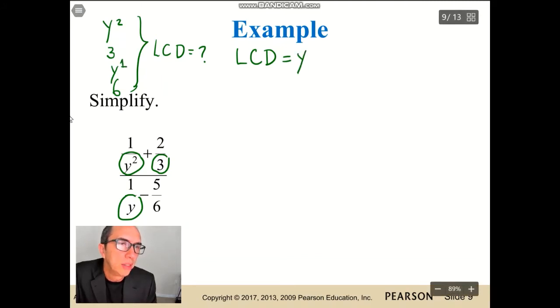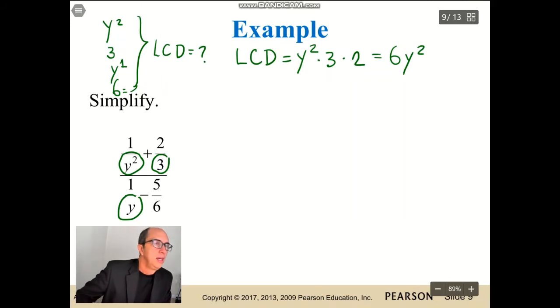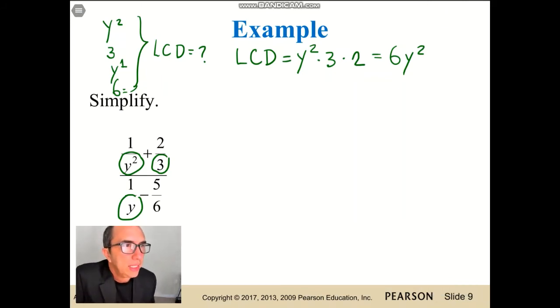Actually, we're going to use the greatest exponent, y squared, times, and we have here 3 and 3 times 2. So 3 is another unique factor and 2 is another unique factor. The least common denominator as a result is 6y squared. Excellent. We found the least common denominator.